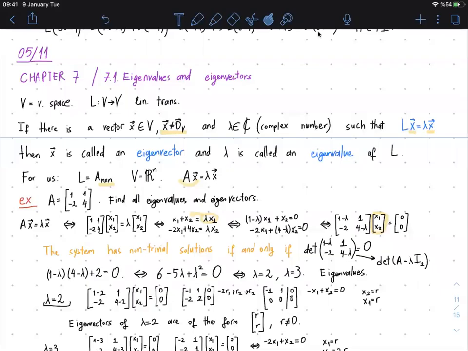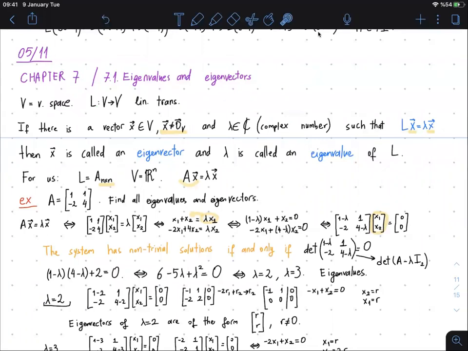Okay, so yesterday we started a new chapter about eigenvalues and eigenvectors. We started the discussion with linear transformations, on a vector space, from a vector space to itself.